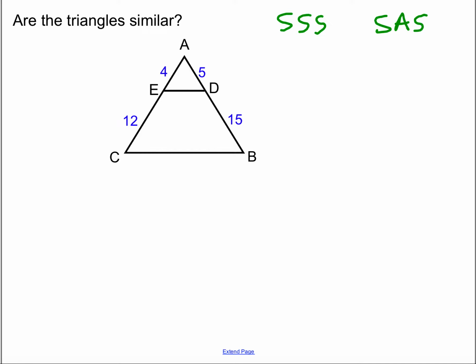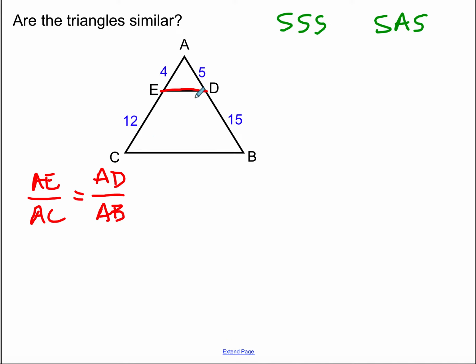Okay, so here's what we know. We know that AE is 4, and if we're setting up a proportion, AE in the smaller triangle would correspond to AC. So AE over AC would have to be equal to AD over AB, because those two sides are corresponding as well.